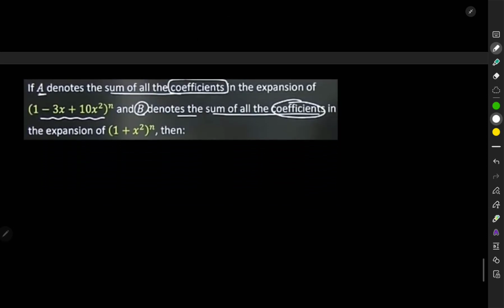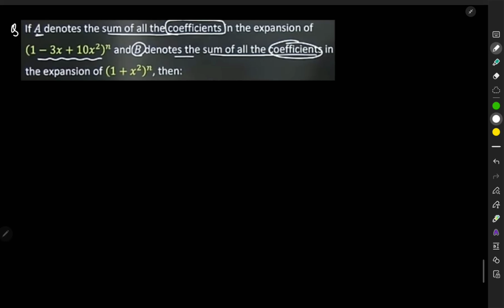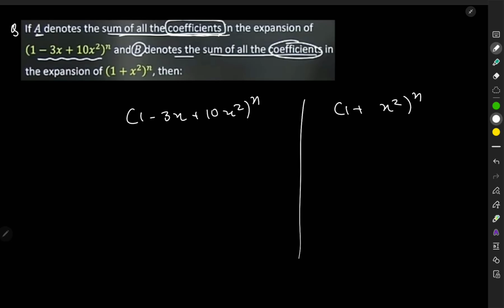Here is the question for us. A denotes the sum of the coefficients, not binomial coefficients, it is coefficients, in the expansion of this. Fine. And B denotes the sum of all the coefficients in the expansion of x square to the power n. Fine, put x is equal to 1 here. So what will you get?